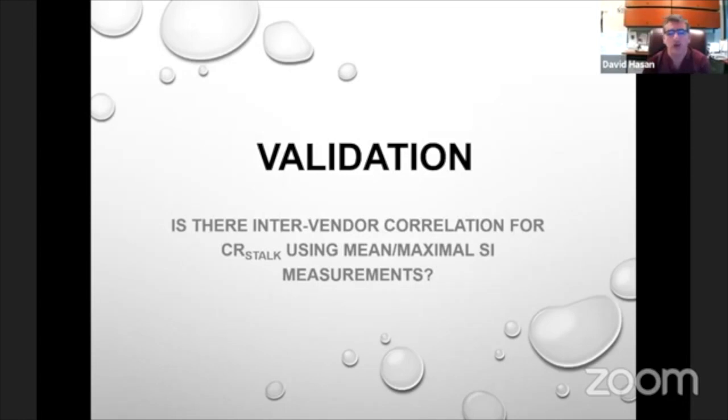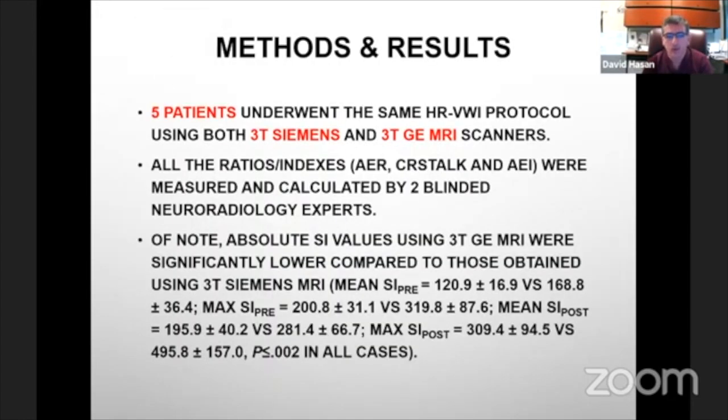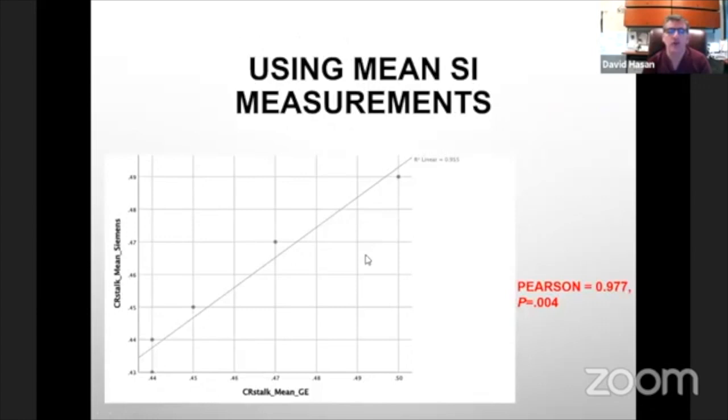So what we did, we took 5 patients who had aneurysms, and we imaged them 6 weeks apart, one with a 3T Siemens, the other with a 3T GE MRI, and then we calculated the ratios. And this is what we found out.